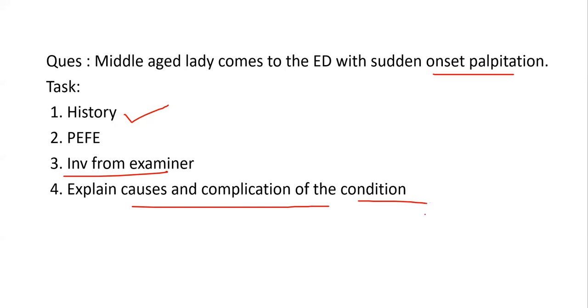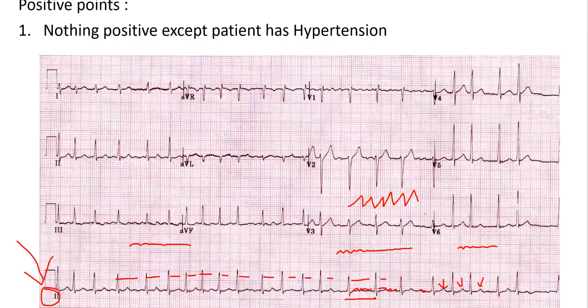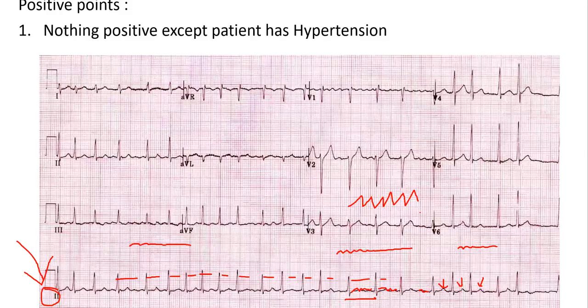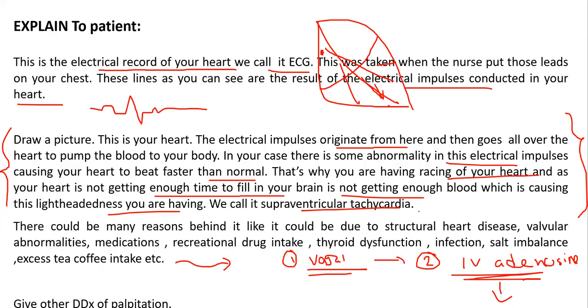So they ask you what is the cause of atrial fibrillation and what is the complication of it. And sometimes even management comes in the exam. So if you come here, atrial fibrillation explanation is exactly the same as SVT. How so? If you come to the SVT explanation, you'll say the same thing.